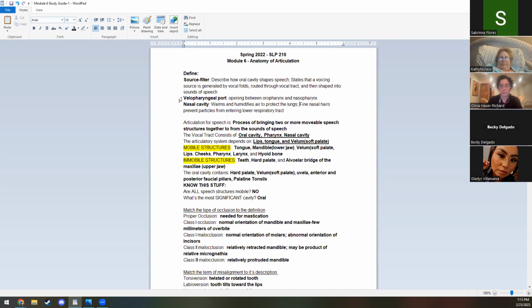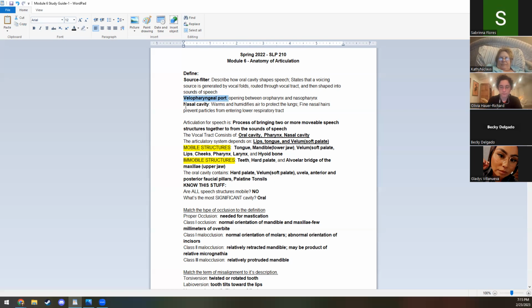I know I'm not going to get this word right, so I'm not going to bother pronouncing it, but it's the opening between the oropharynx and the nasopharynx. And the nasal cavity warms and humidifies air to protect the lungs. Fine nasal hairs prevent particles from entering the lower respiratory tract.